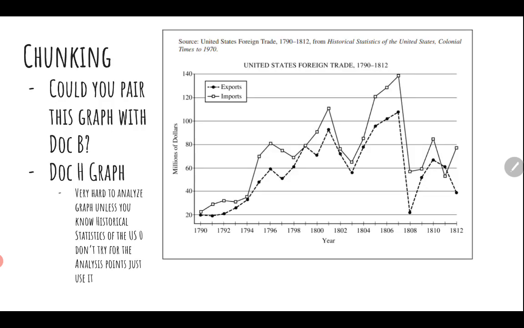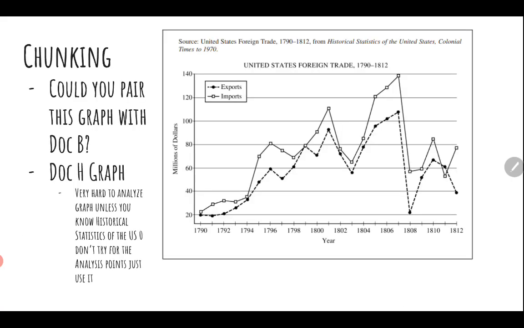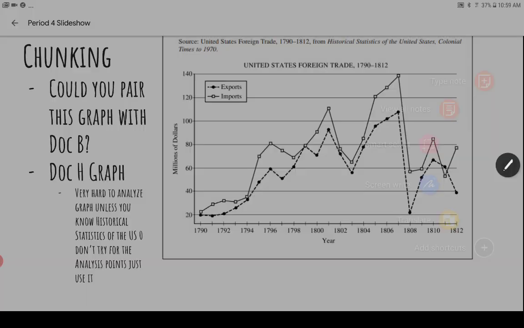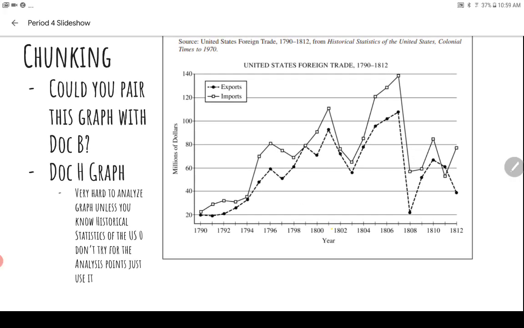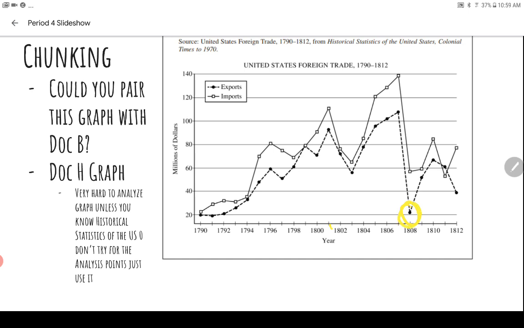All right. So chunking is another idea that you have to do with your DBQ. You have to start thinking about how can I pair things together? Well, what might be a really good pairing is this graph with Doc B, because Doc B is about the Embargo Act, and I can then pair it with a graph to talk about the effects of the Embargo Act. So if I take a look at the effects, in 1808, oh, look, it's right there.